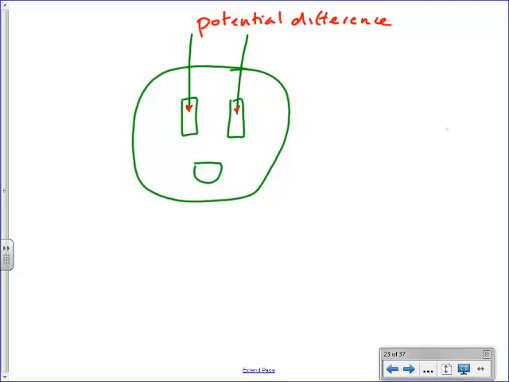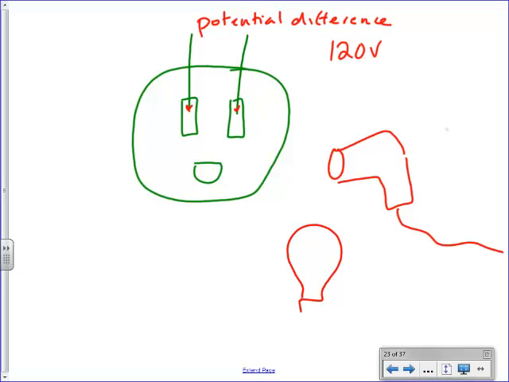In a household circuit, it's usually about 120 volts. And it doesn't matter what appliance you plug in, right? You might plug in a hairdryer. You might plug in a toaster. You might plug in a light bulb.